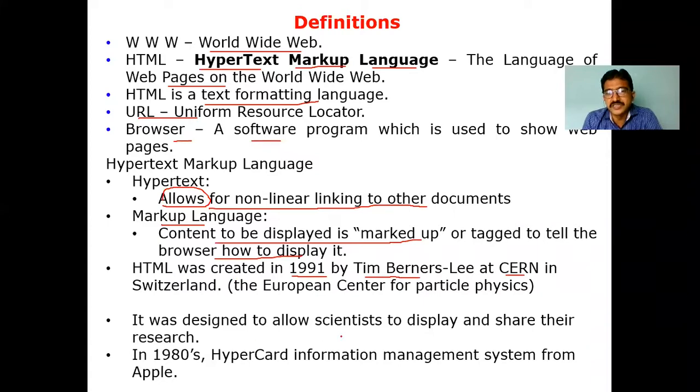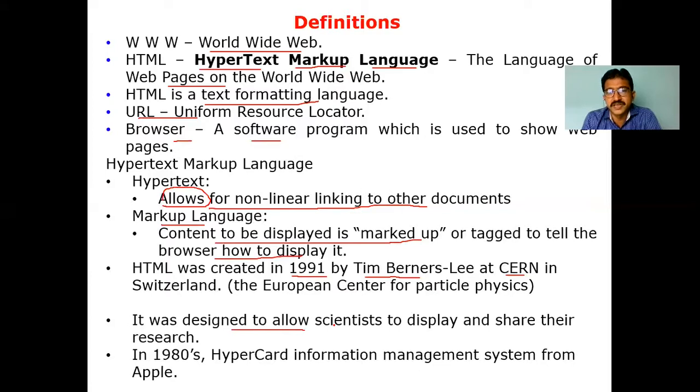And how was it initially designed? What is the main objective? Why did they initiate this, like how Java created the JDK, the cup symbol, the OAK tree? In the same fashion, it was designed to allow scientists to share their information.